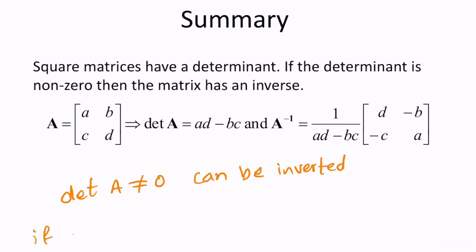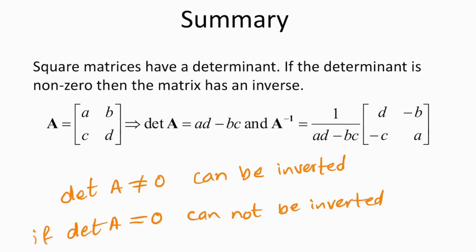If the determinant of A is equal to 0, it cannot be inverted, so you can't find the inverse for it. How to find the determinant is basically the product of the diagonal minus the product of the other diagonal.